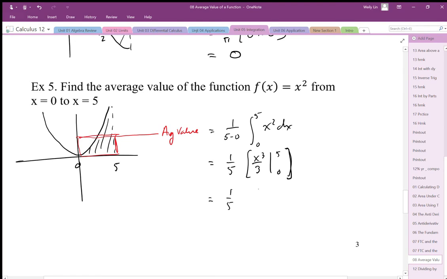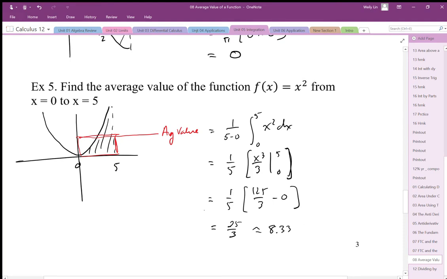So my area works out to be 125 over 3 minus 0, so the total area is about 40 point something, 41.6 repeating. Then I'm going to divide that area by 5 to get the height. So I'm going to end up with 25 over 3, which is approximately 8 1/3.